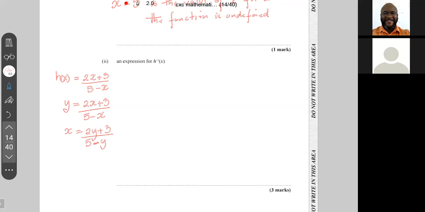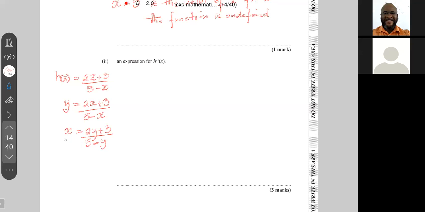So the second thing is to interchange x and y. The third thing is to make y the subject again. So right now I have 2 y's in the equation. When I'm finished, I must have only 1 y and it must be the subject. The third step is to make y the subject again.